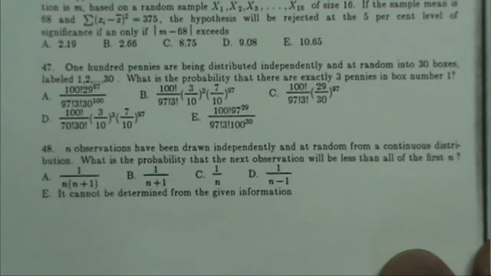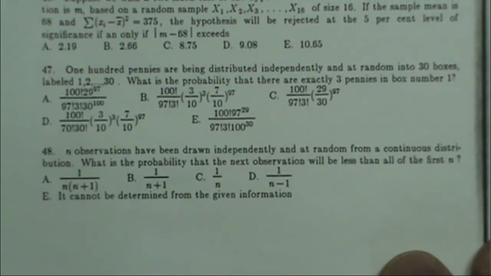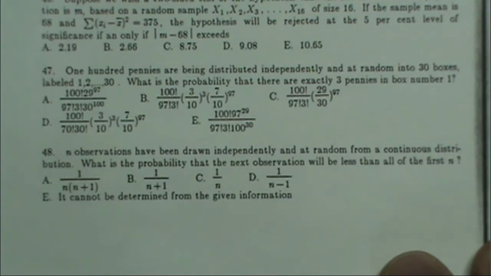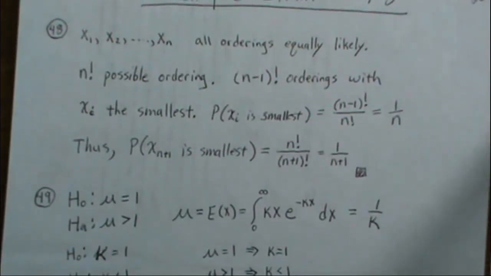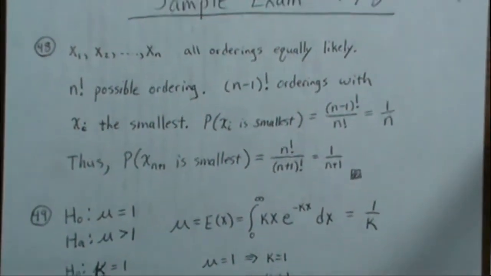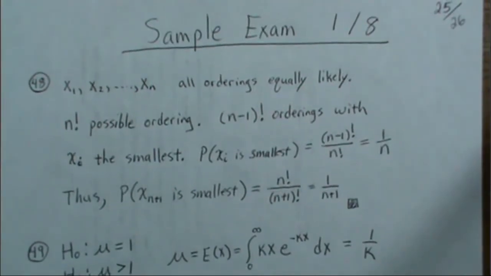Problem 48. N observations have been drawn independently and at random from a continuous distribution. What is the probability that the next observation will be less than all of the first n? So question 48.